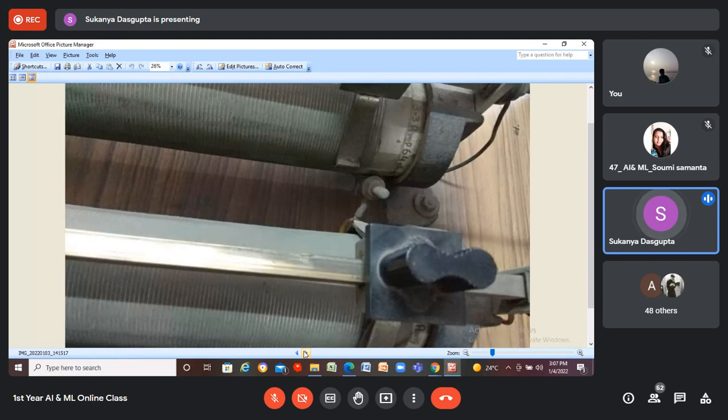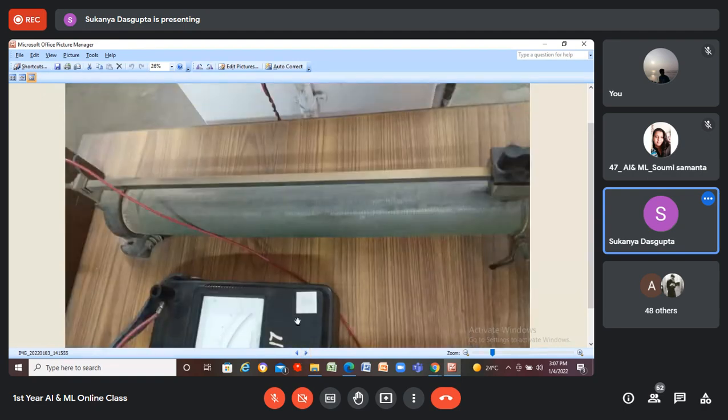These are the rheostats coupled with the armature windings. The rating of each rheostat is 3.3 ampere, 64 ohm. This is the variable resistance connected with the field winding.